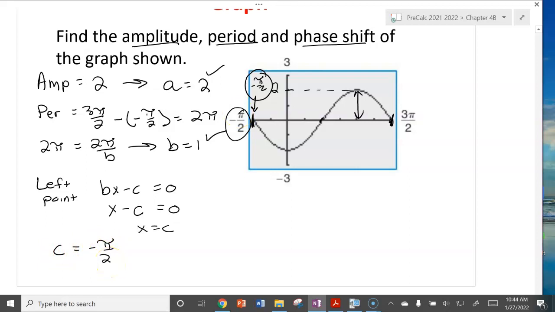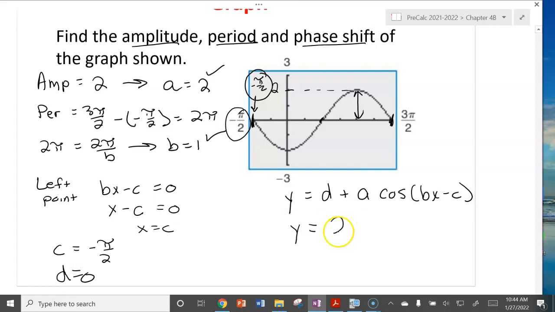So then when I write my equation, y equals d plus a cosine of bx minus c, d is 0. So then y equals a is 2 cosine of x minus a negative pi/2.